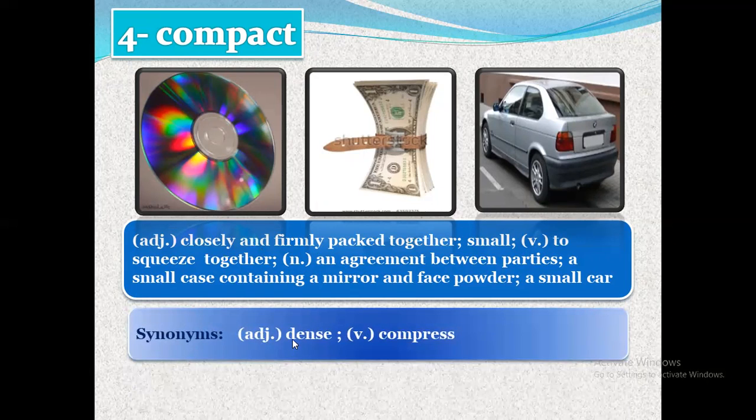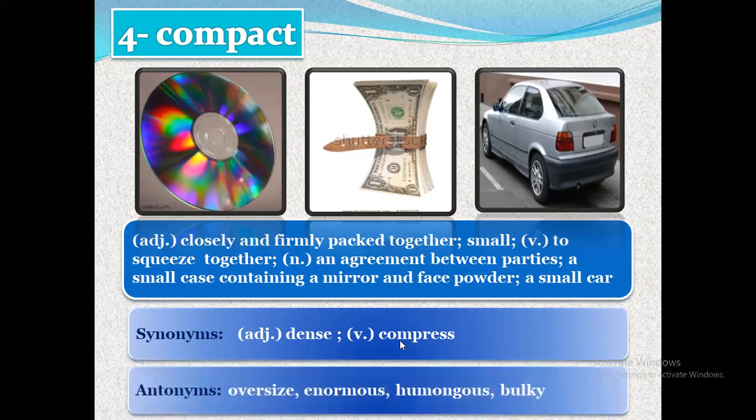The synonyms are dense or compressed. The antonyms are oversized, enormous, like huge, humongous. Let's listen to this word.